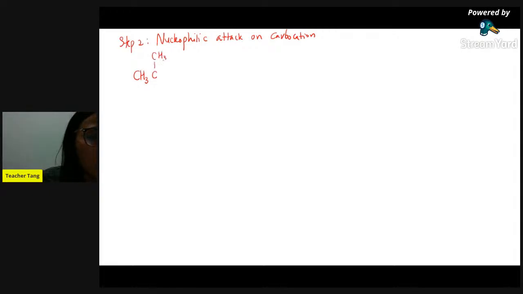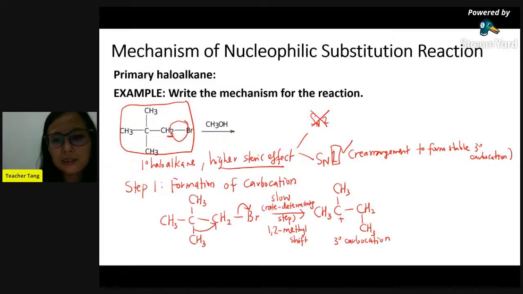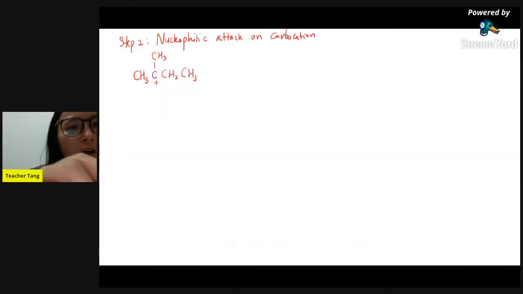So after step number 1, you get your stable tertiary carbocation, and then this carbocation will be attacked by your nucleophile.